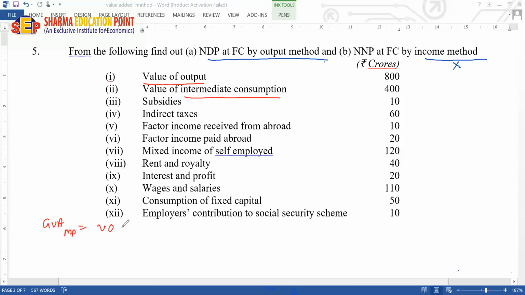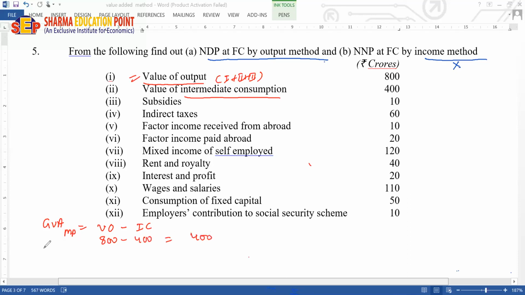Formula: value of output minus IC. These are directly given, so you need not get primary, secondary, and tertiary separately, because these are already added in all sectors like primary, secondary, and tertiary. These are combined, because it is written as value of output. So 800 minus 400, this is 400.